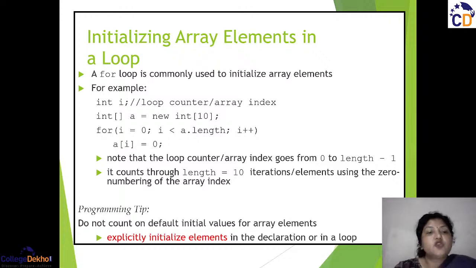Do not count on default initial values for array elements. Explicitly initialize elements in the declaration or in a loop itself. So these are some programming tips while you are defining variables or while you are using the looping concept with arrays.